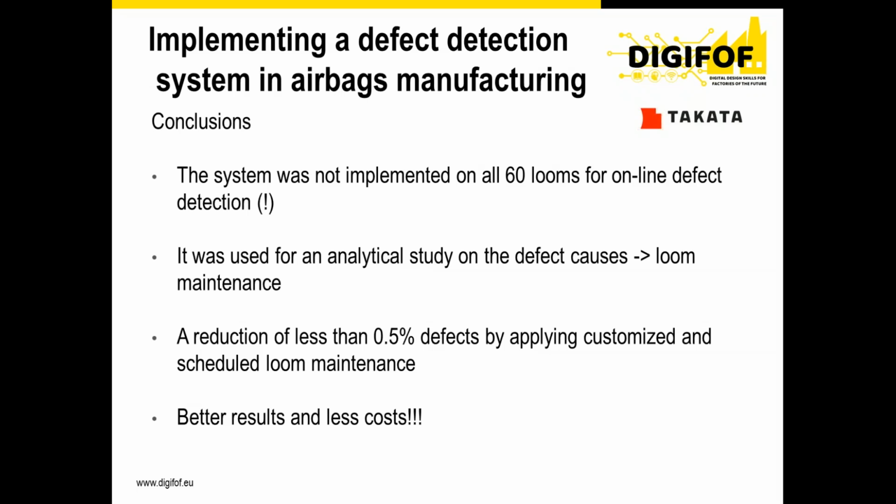And they tried to find out what are the causes of the defects, because the threads were actually controlled by the producer of the threads. The only unknown and big unknown in the question was the loom. So they made a study using the system. This is why the system was moved from one loom to the other in order to find out what were the causes of the defects.